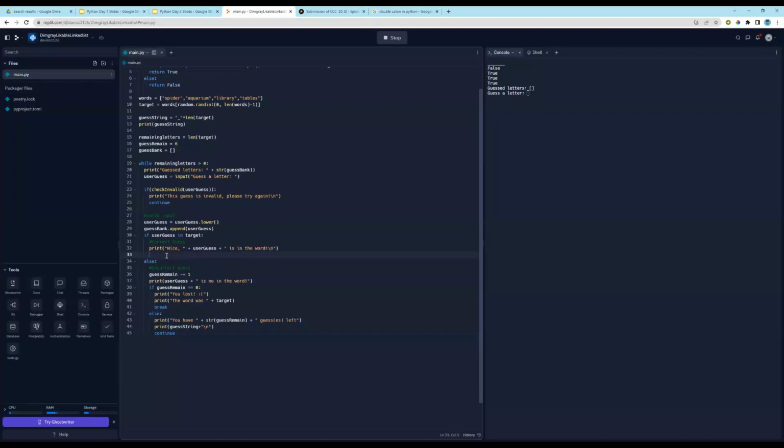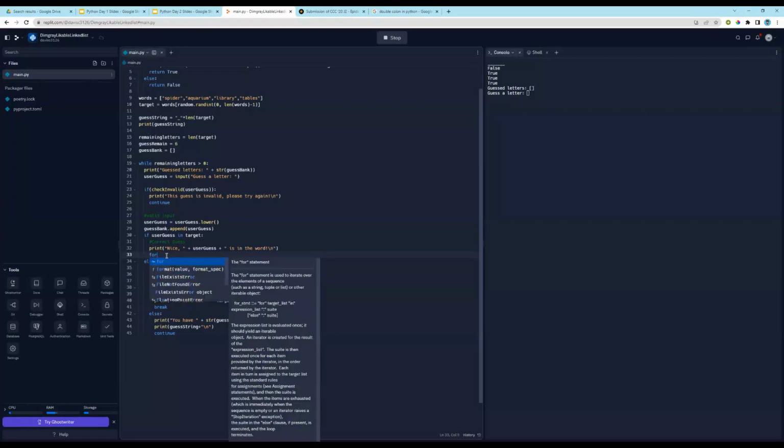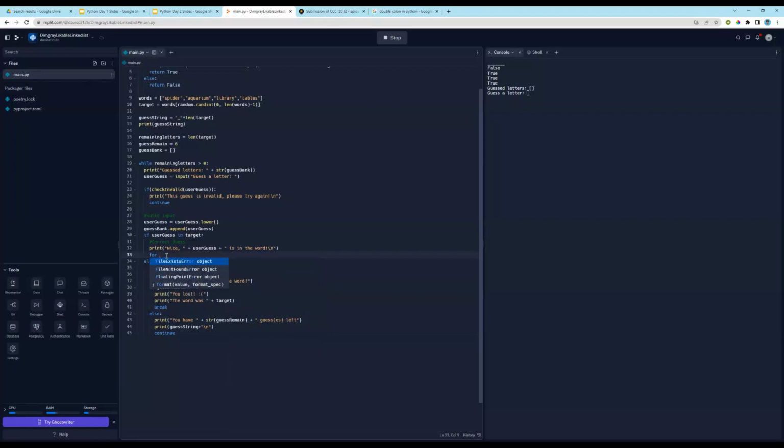So all I have to do here is iterate through the entire list, so we'll do for letter in target.